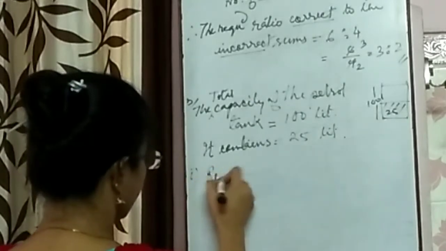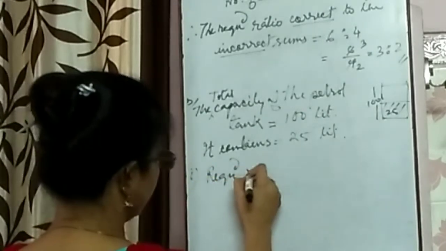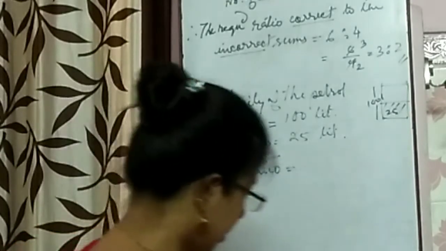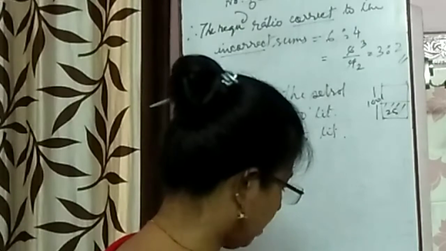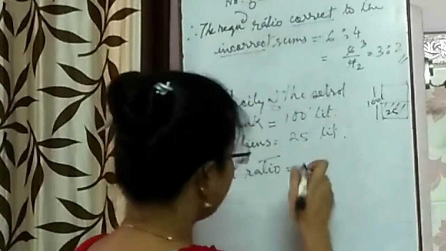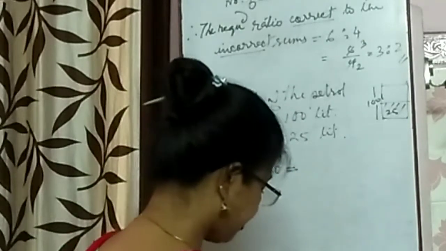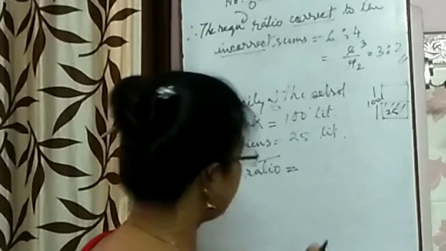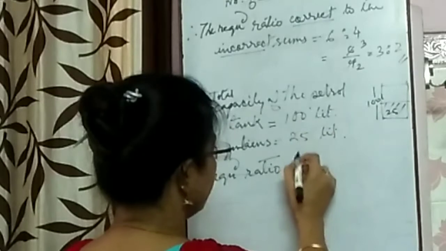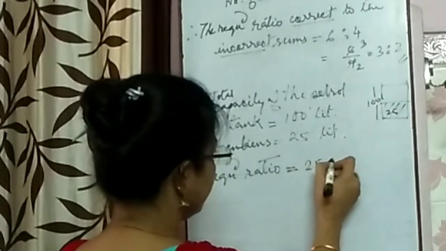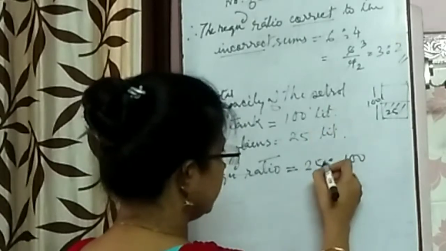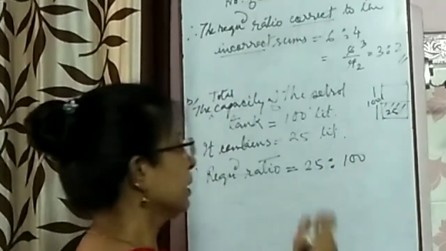Directly I am writing the required ratio. What is this? Find the number of liters of petrol in the tank to the capacity of the tank. Means first it will come 25, then will come the whole capacity, and as both have liter and liter, so they two will get cancelled.